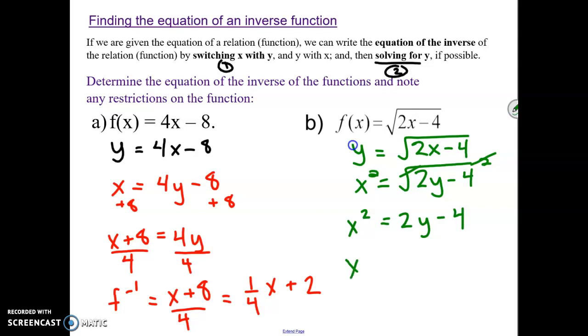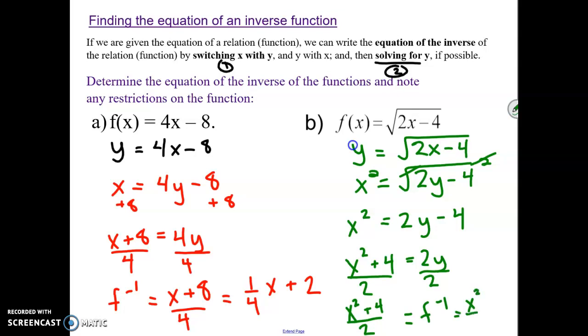Then we're going to add that 4 over. And then we'll divide by that 2. So again, this could be x squared plus 4 divided by 2 for your inverse. Or you could say that that's x squared divided by 2 plus 2 if you divide the 2 into each section.